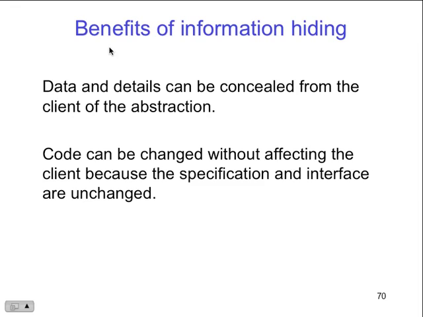And back to finish up the benefits of information hiding. Data and data details are concealed from the client abstraction. C++ has the concealing. Actually, you can have true information hiding in a C++ environment. In Java, not so much hidden. Not so much hidden at all. Code can be changed without affecting the client because the specification and the interface are unchangeable.